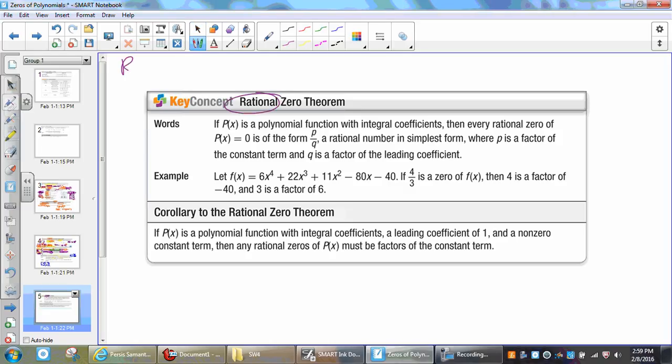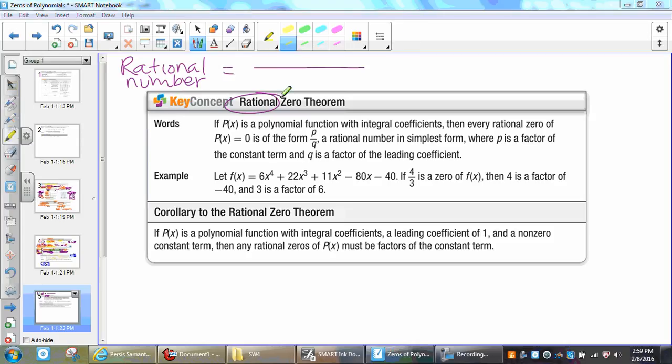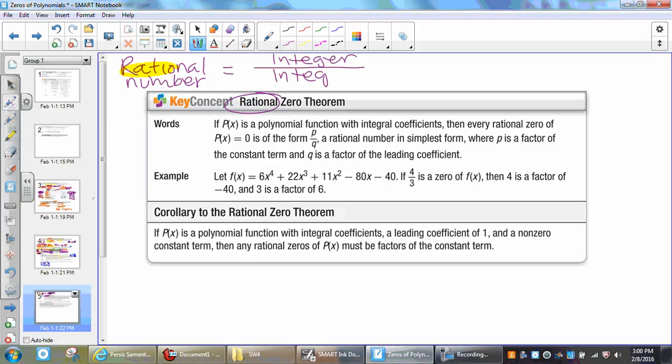Remember how rational numbers is the ratio, that's why we call it rational, ratio of an integer divided by another integer. Just like that. So you guys notice right here, the fraction, the ratio, p over q. Those are going to be the form of our rational zeros.